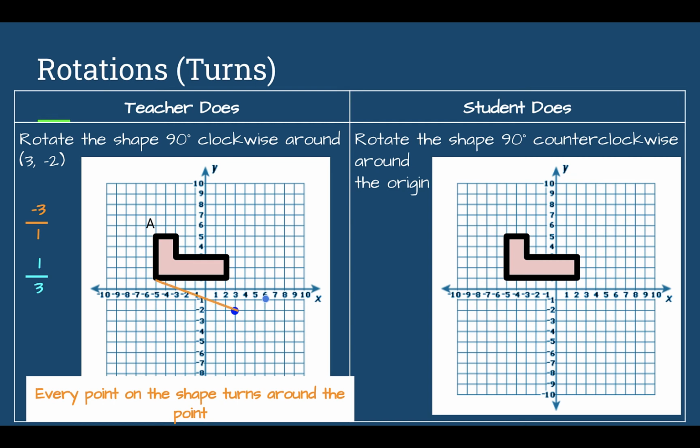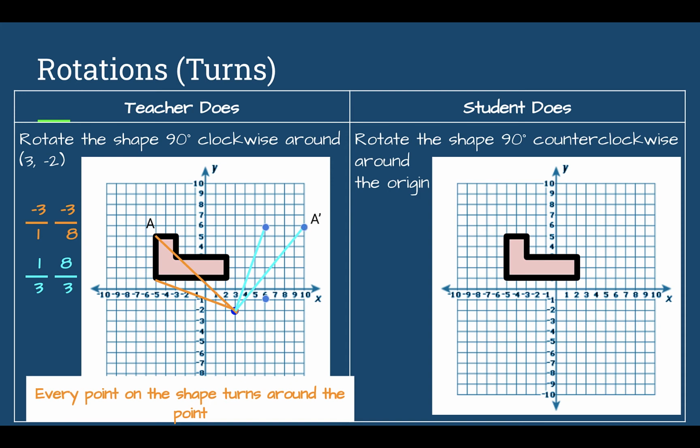So now I'm going to connect that bottom left corner. It was down 3/8 from the center of rotation, up 8/3, and plot my dot. Now I'm going to go from where point A is. So here I had to go down 7/8, so now I'm going to go up 8/7. Plot my dot.